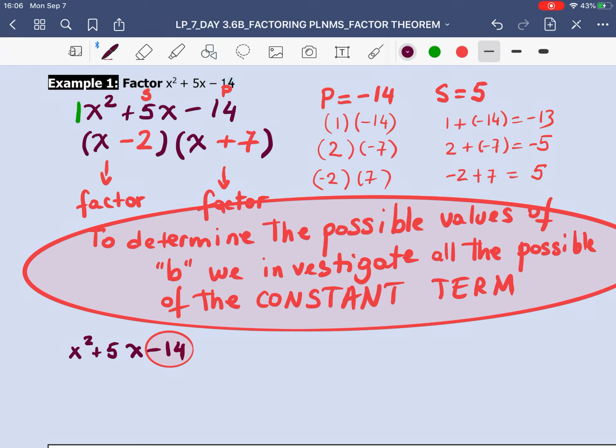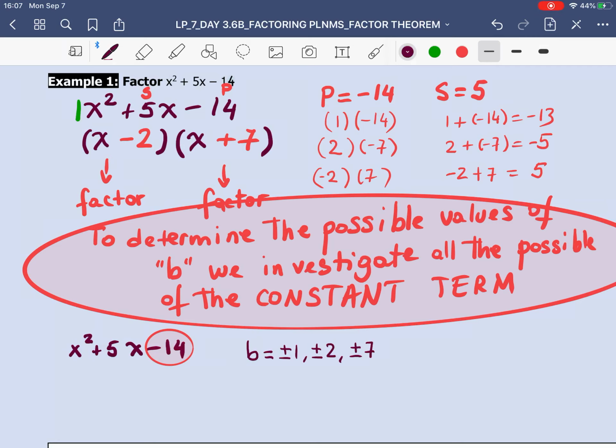The possible factors of 14, which are the possible values of b, are plus or minus 1, plus or minus 2, and plus or minus 7. There are no other factors.